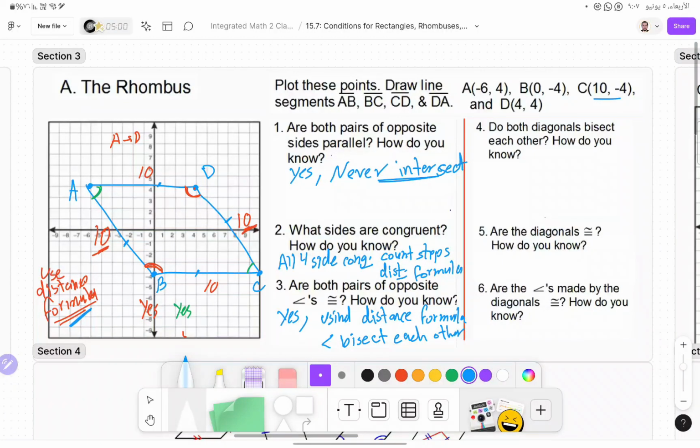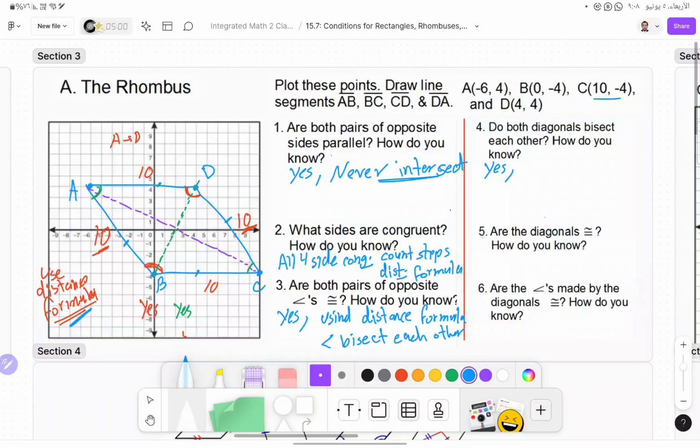Now question number 4, do both diagonals bisect each other? Yes, we just mentioned this one. The diagonals, as you can see here, this one is the diagonal from D to B in the green color, and the purple color from C to A. These two lines bisect each other, meaning are they cutting each other in half?